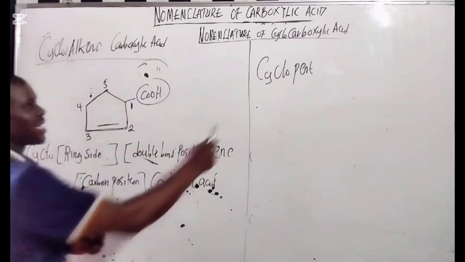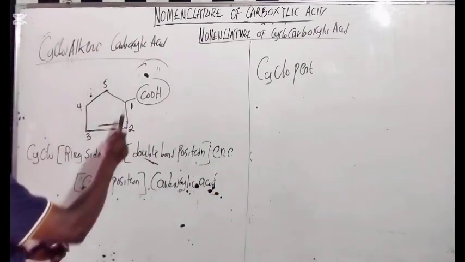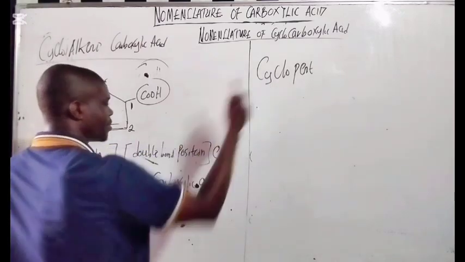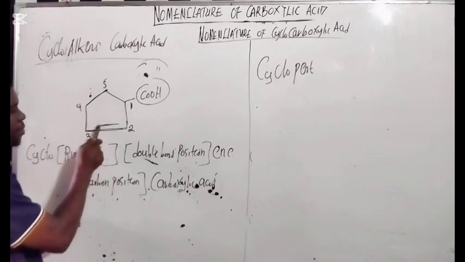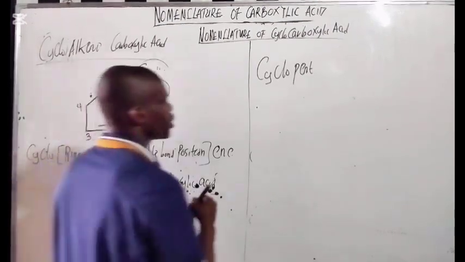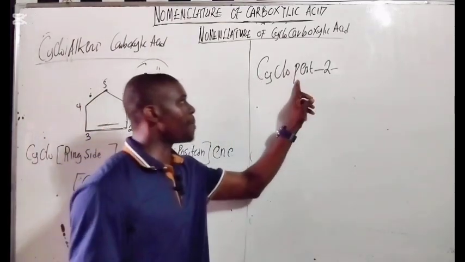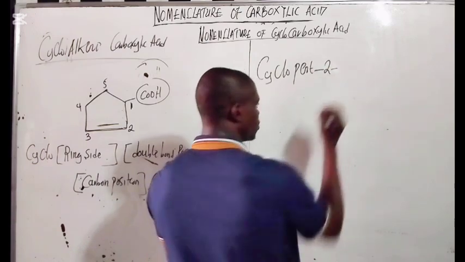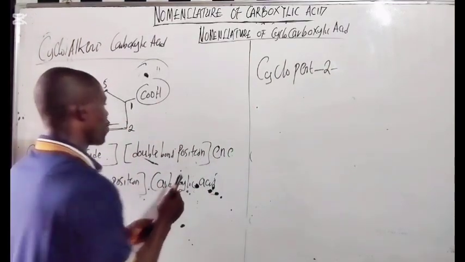So when I say cyclo, the number of carbon atoms in the ring is 5, so it's called pent, right? Now you have the double bond position. What is the double bond position here? It is 2. Remember, I told you that numbers and letters are separated by a hyphen, right? You must separate them. So here we now have ene, because of this double bond.